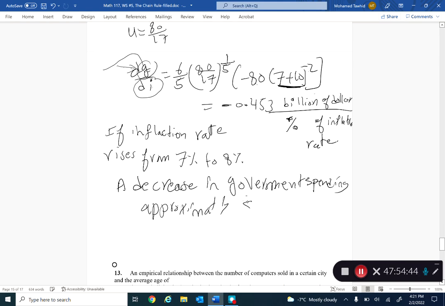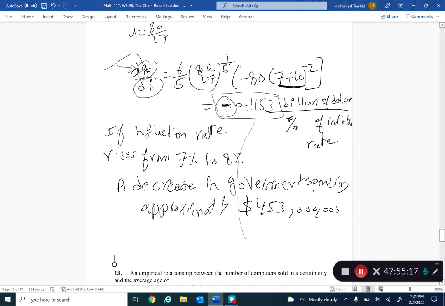By how many? 0.0453 multiplied by billions, so the government is going to reduce spending by about $45.3 million. Minus means there is a decrease. If you have positive, it will be an increase, but if you have negative, it is a decrease, going down.